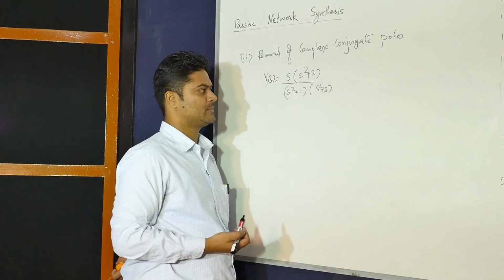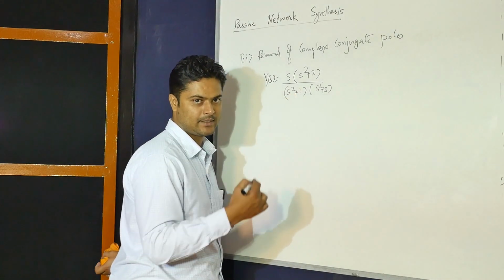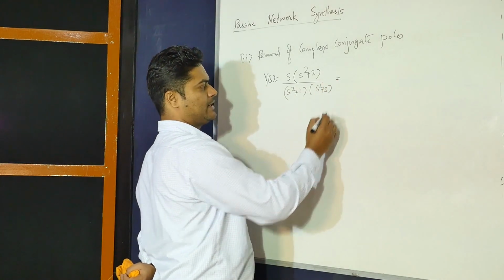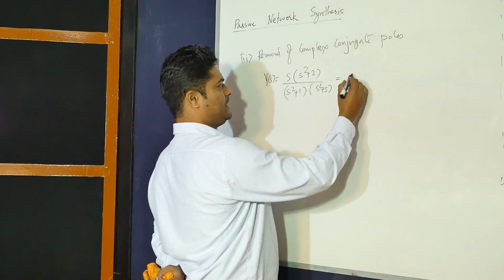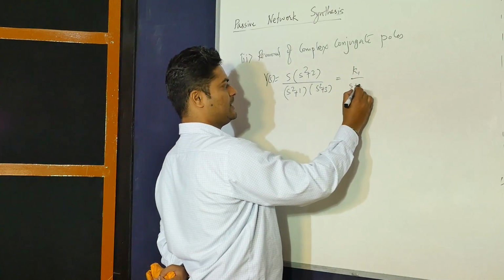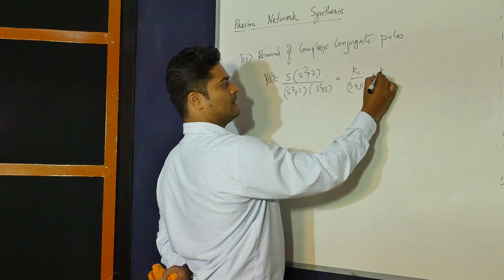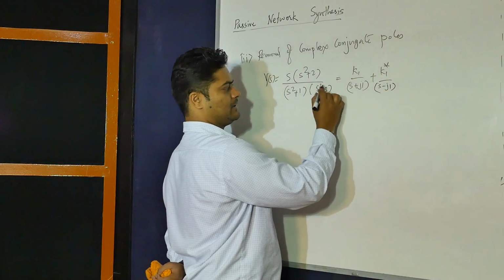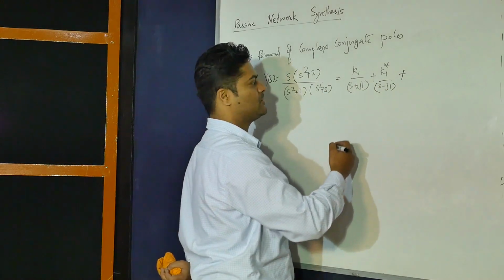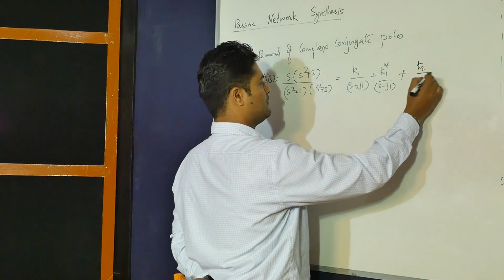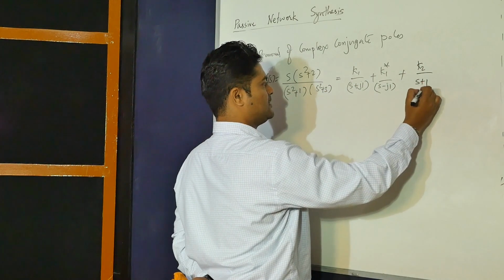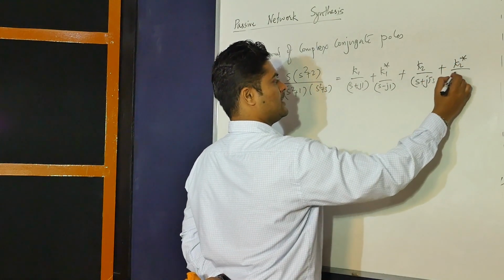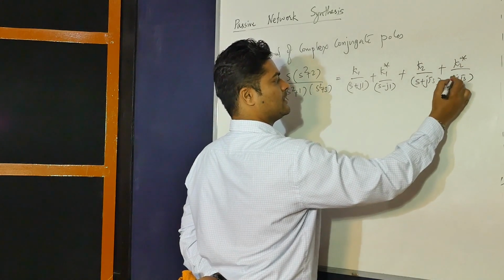Plus or minus j, which is lying on the j omega axis, and we know that the residue of that has to be positive and real. So we can write this as k1 by s plus j1, k1 conjugate by s minus j1, and the other part, this is partial fraction expansion, k2 by s plus j root 3 plus k2 star by s minus j root 3, right?